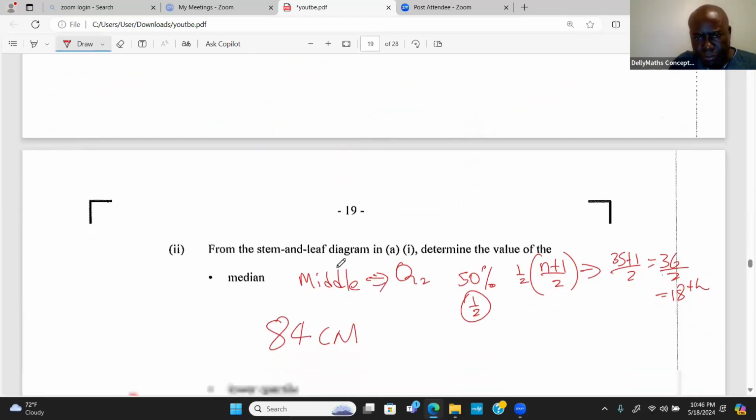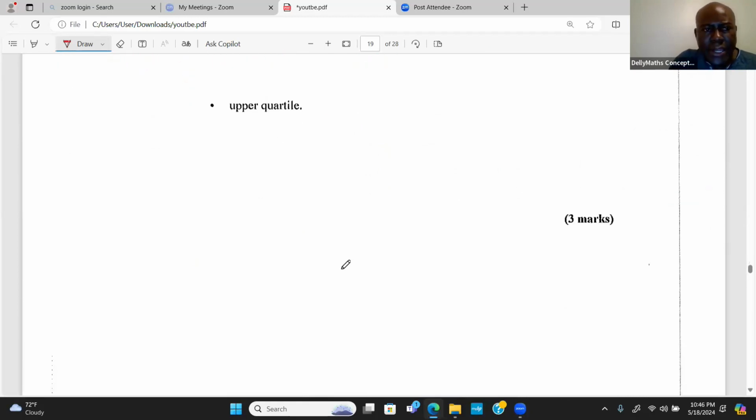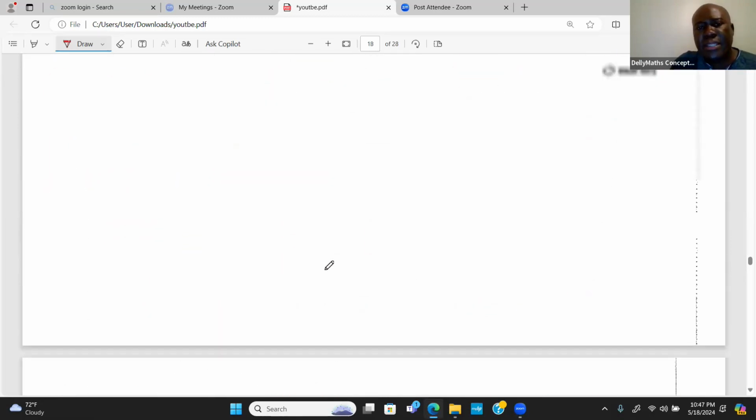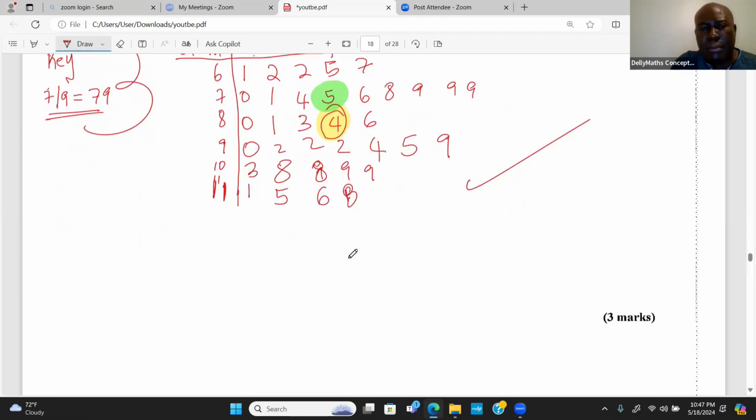All right, good. Upper quartile is our third, which is Q3, 75%. And we know 75% is the same thing as 3/4 of this same 36. So 3 times 9, this is the 27th term. So let's go for term 27. I'm not rushing it.